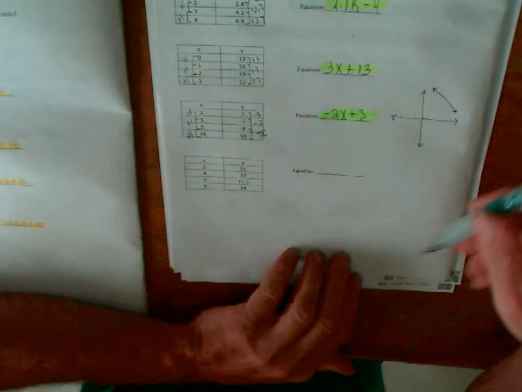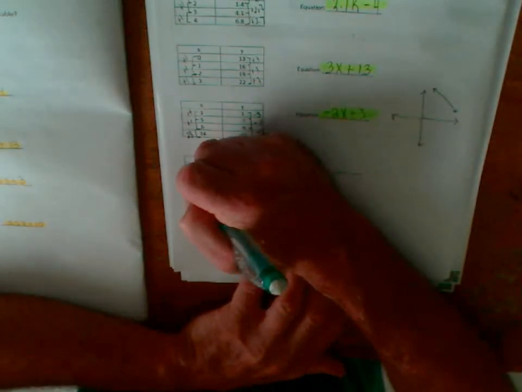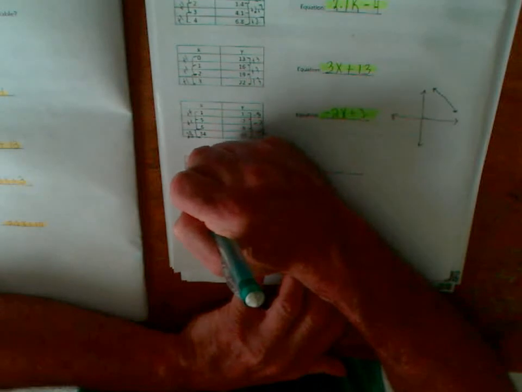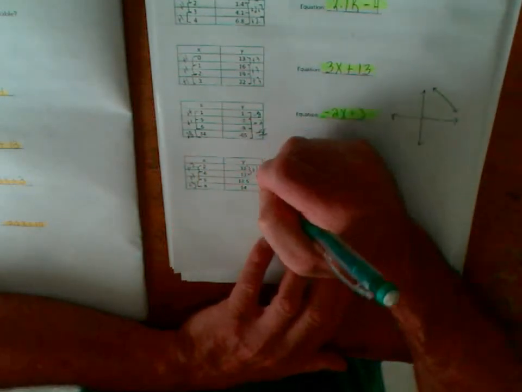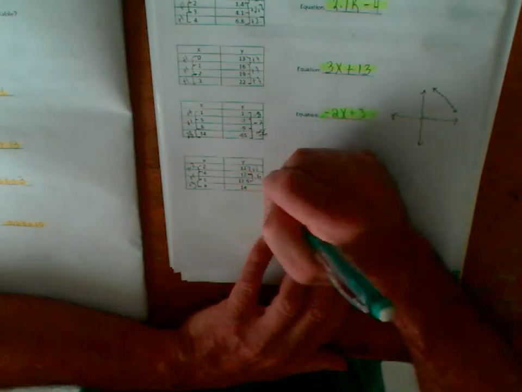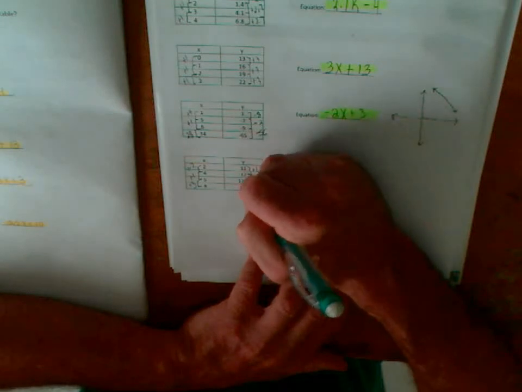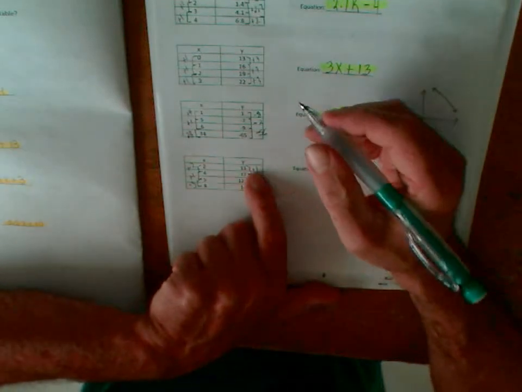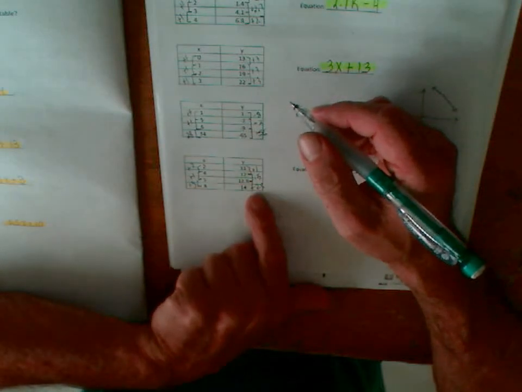And the last one's a real bear. 2, 1, 3. What are we adding? 1, adding 0.5, and adding 2.5. 1 divided by 2 is a half. A half divided by 1 is a half. 2.5 divided by 5 is a half.